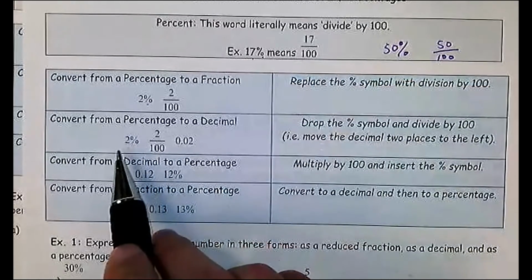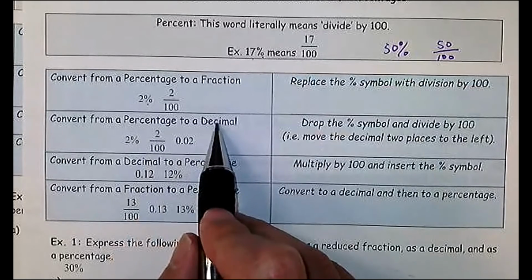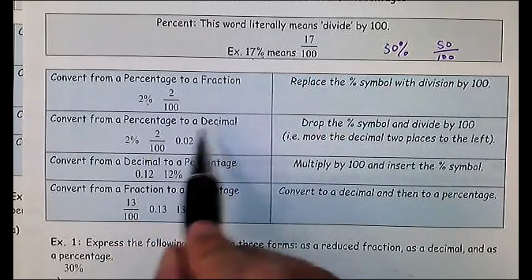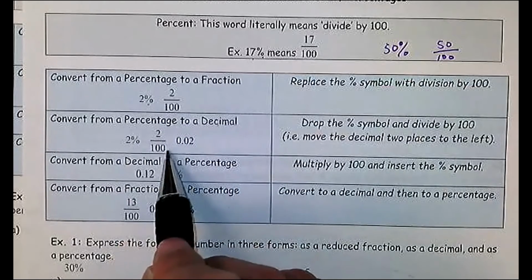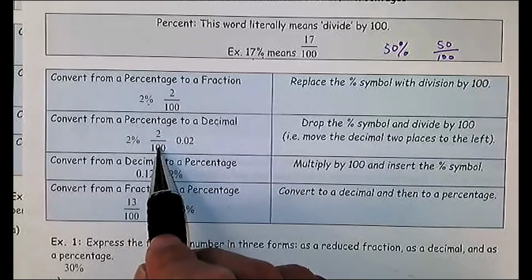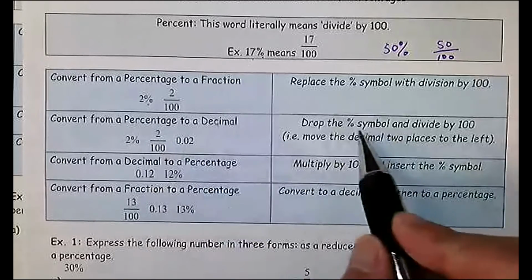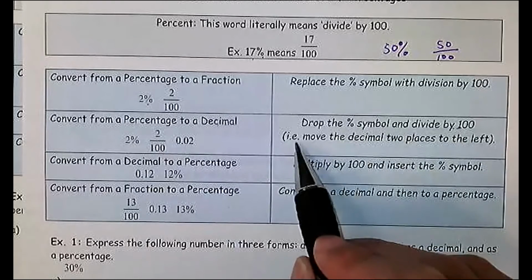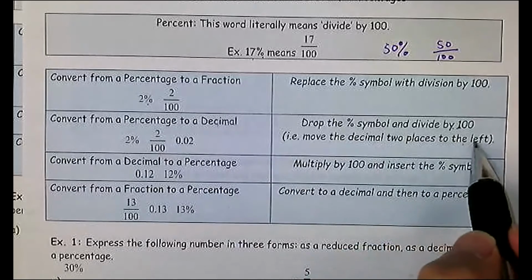Similarly, how to convert from percent to decimal? Notice that if you have 2%, it is 2 over 100 already. So 2 divided by 100, since we have 2 zeros here, we drop the percentage symbol. In other words, it's moving the decimal 2 places to the left.